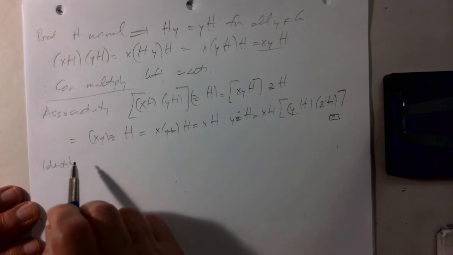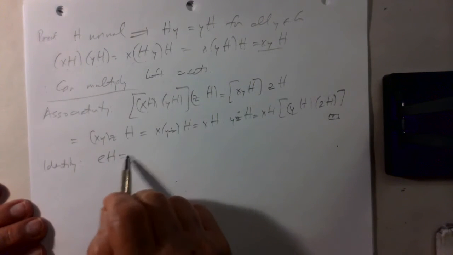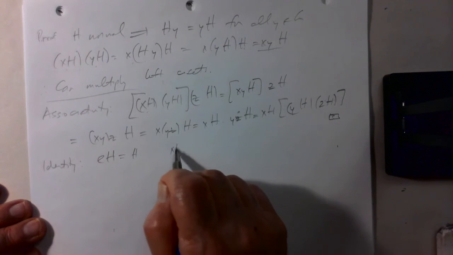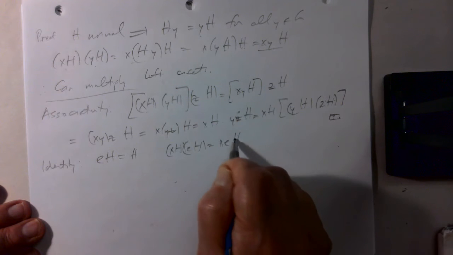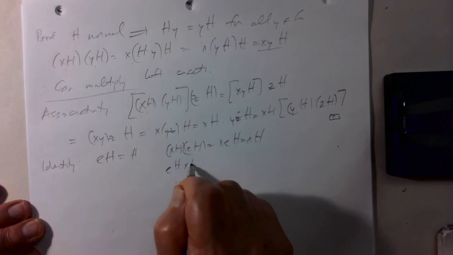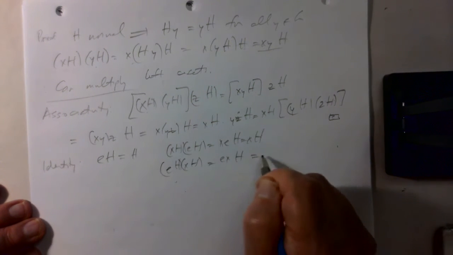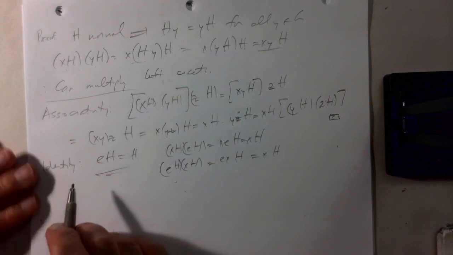What's the identity coset? Well, the left coset EH, which is the same as H, because if you take XH times EH, you get XEH, which is XH. And EH times XH is EX times H, which is XH. So that's the identity element.